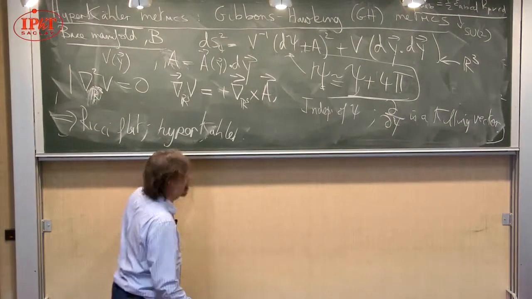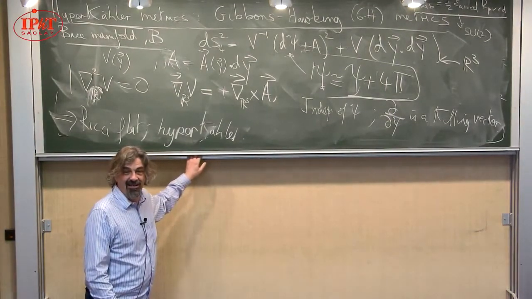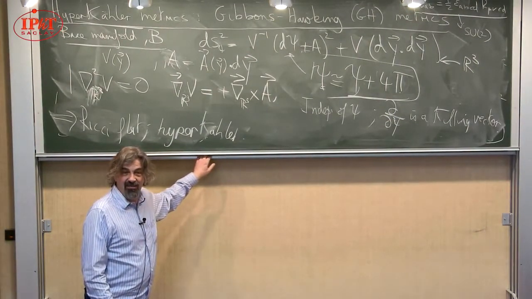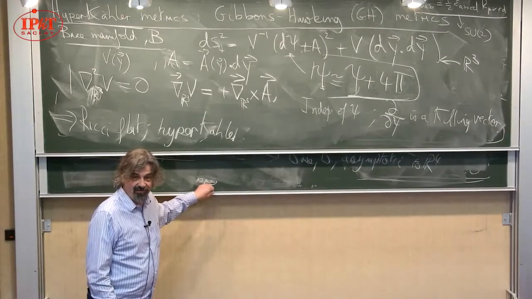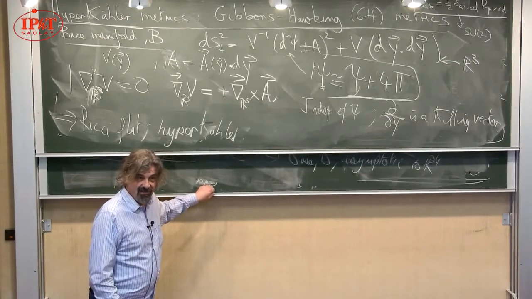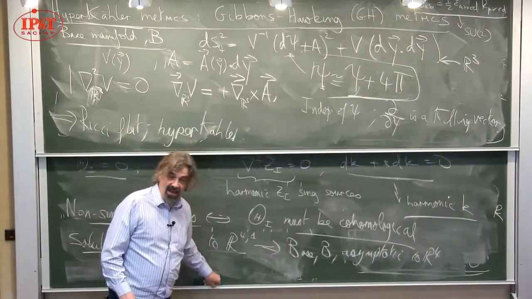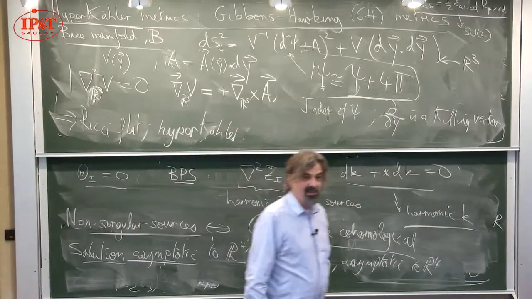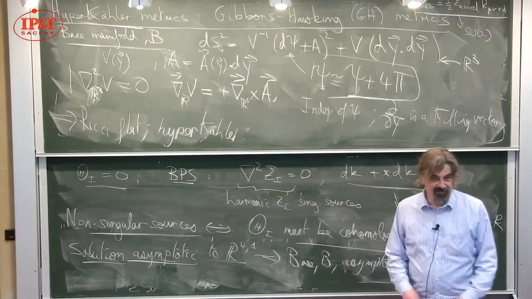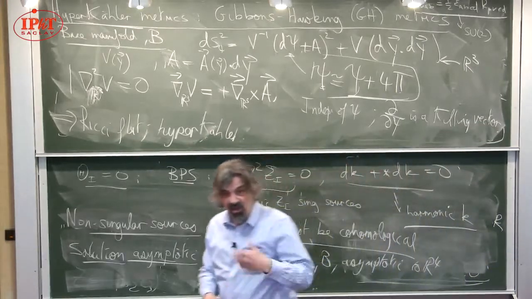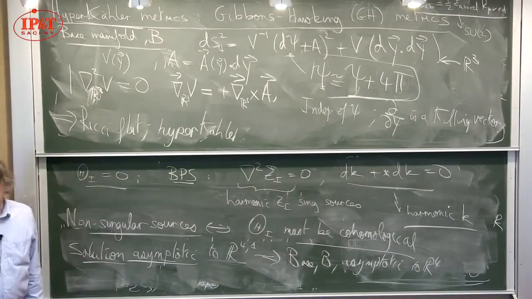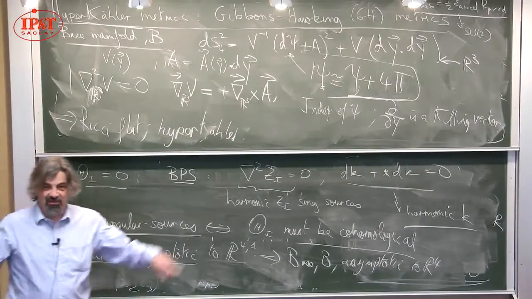Can I play the same game in the compact case? Yes, absolutely. So what do I get then? Some K3? Yes, ALE is in fact typically considered a local model for K3. So K3, if you zoom in and decompactify, is ALE. That's one of the other cool things about it. Oh no, K3 you can't write in this form because K3 is compact.